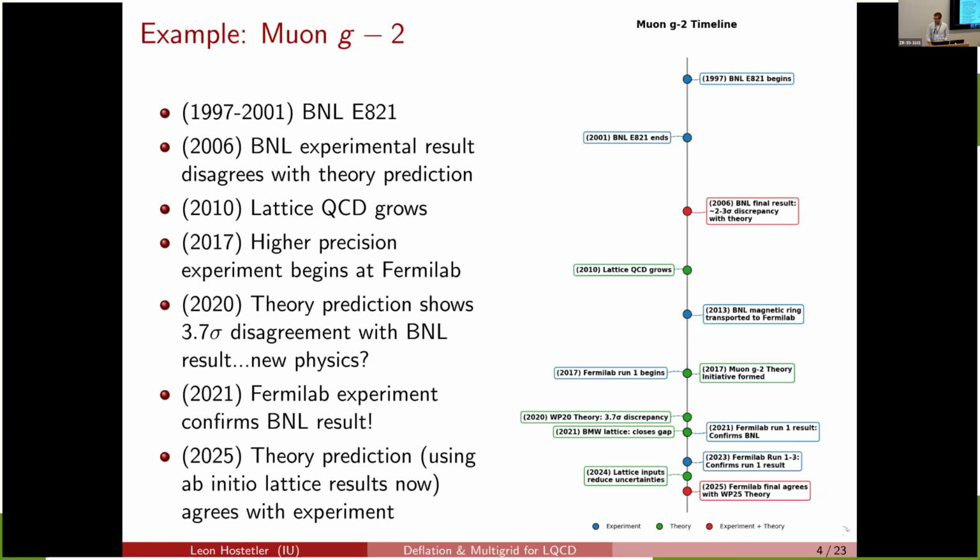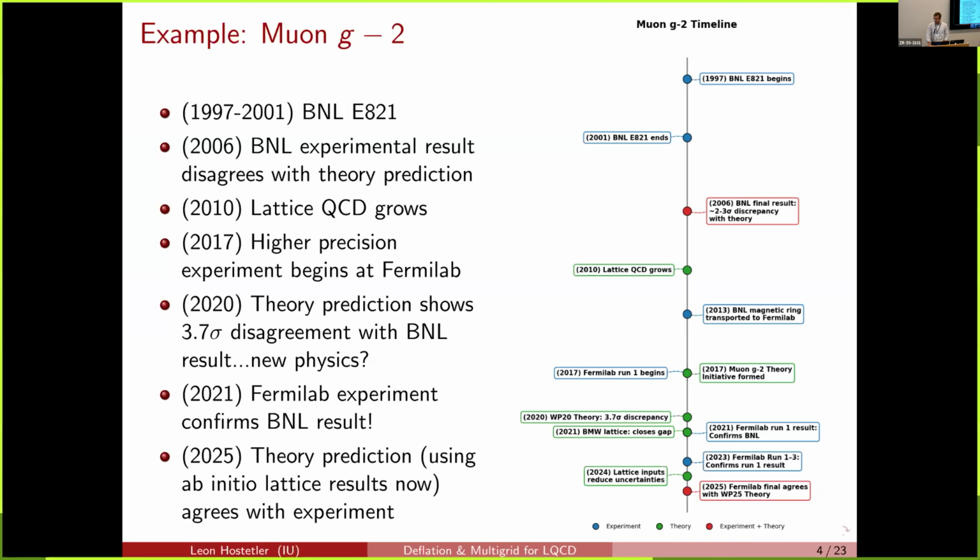So Brookhaven was running a long experiment to calculate this quantity. And this ran for some years, and then they came up with the theory prediction. And there was a 2 to 3 sigma discrepancy between theory and experiment. And this excited the field quite a bit. If theory and experiment are disagreeing, one of them must be wrong or something.